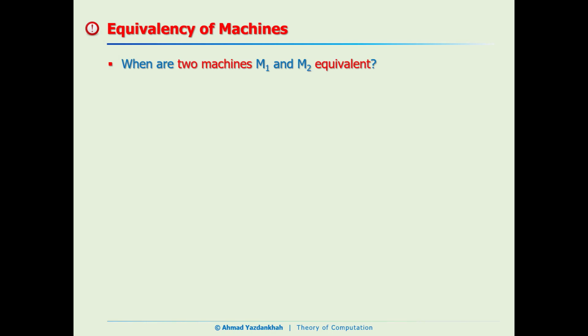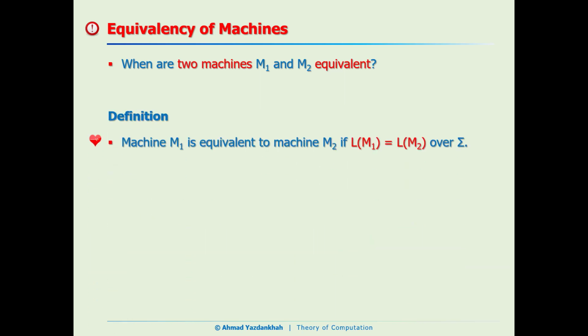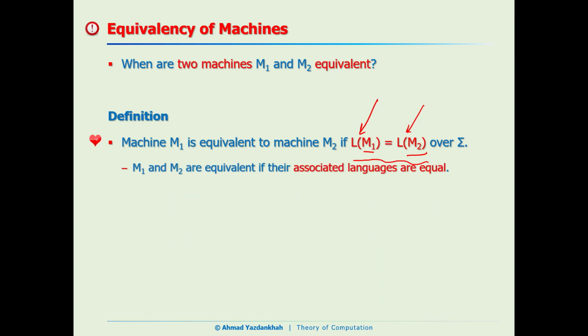When can we say two machines, M1 and M2, are equivalent? When both of them have the same associated language. So when L of M1 is equal to L of M2, then these two machines are equivalent. Just remember that this definition can be extended again to all types of machines.